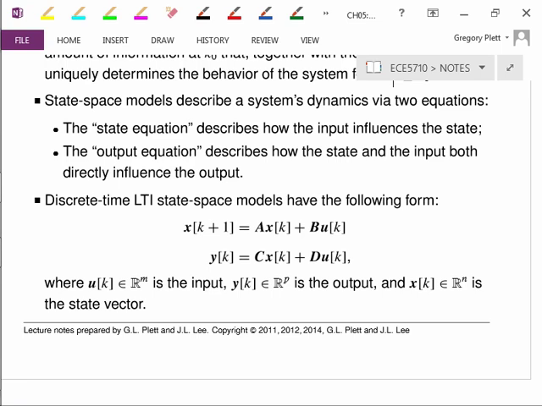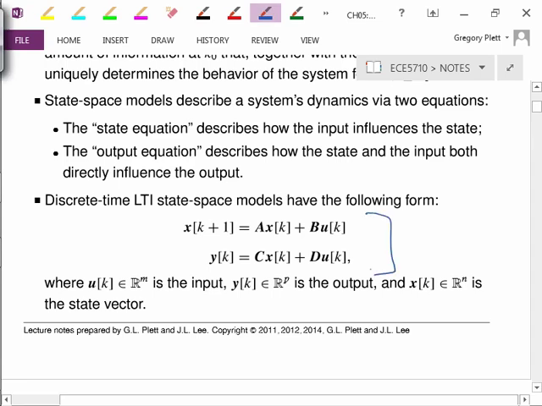A discrete time, linear time invariant state space model has this particular form here. x is the state of the system. In discrete time, we can talk about x of k plus 1 being the next value of this state.